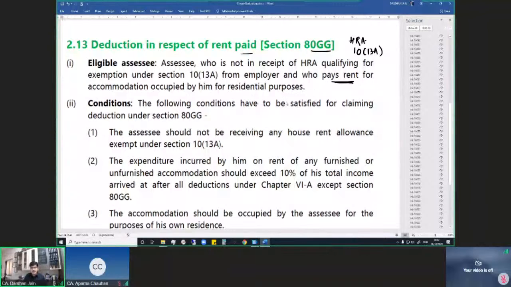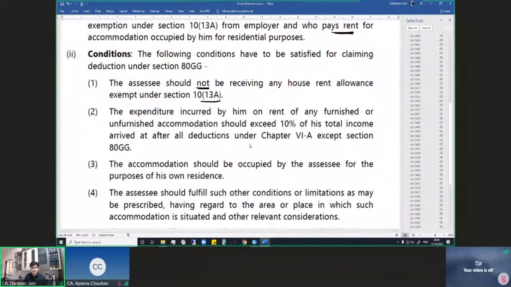So the essential condition to claim deduction under section 80GG is that the assessee should not be receiving any HRA which is exempt under section 10(13A). Two, he should incur the expenditure of rent. So rent should actually be payable by the assessee. If he is not paying any rent, there is no question of a deduction under section 80GG.